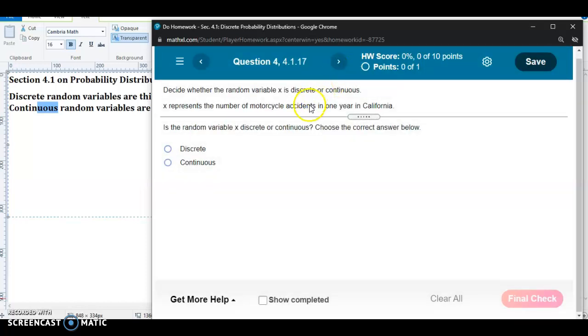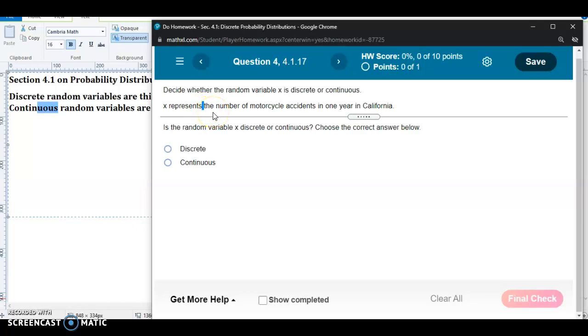Okay, likewise with question 4, decide whether the random variable is discrete or continuous. It simply says that X represents the number of motorcycle accidents in 1 year in California. The keyword here is the number of. When you talk about the number of something, that means that you're actually counting it.